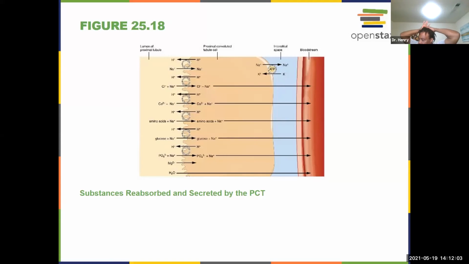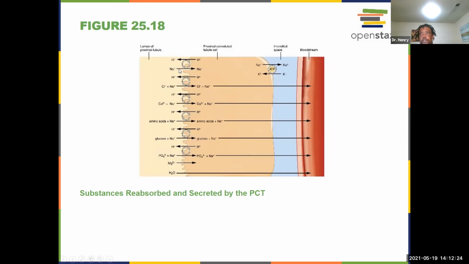Okay, so here, this is basically just showing you that reabsorption and secretion. And so this here is the lumen of the proximal tubule. This is the proximal convoluted tubule cell.